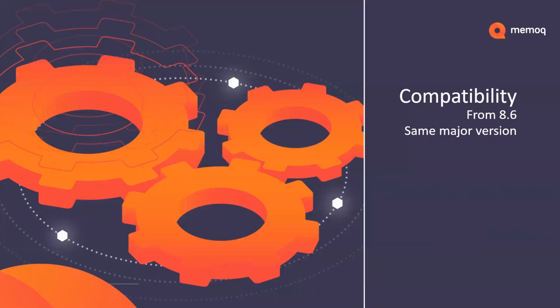So from version 8.6, we changed our perspective, and in version 9, you'll be able to work with any minor versions within the same major version. And I know that this is not a new thing in version 9, but it gains real relevance in this new version because we will start having minor versions from now on.